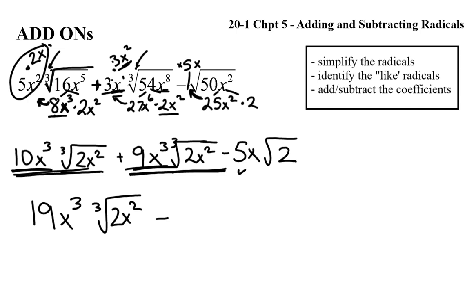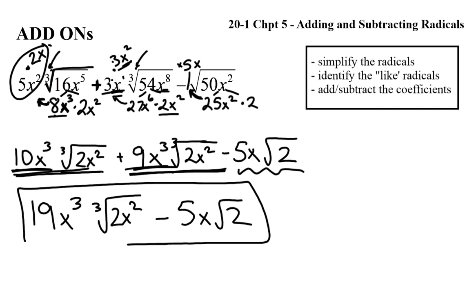And I still have this last term, which is just going to be standalone, doesn't combine with anything. So there's what we end up with. 19x cubed, cube root 2x squared, minus 5x root 2.